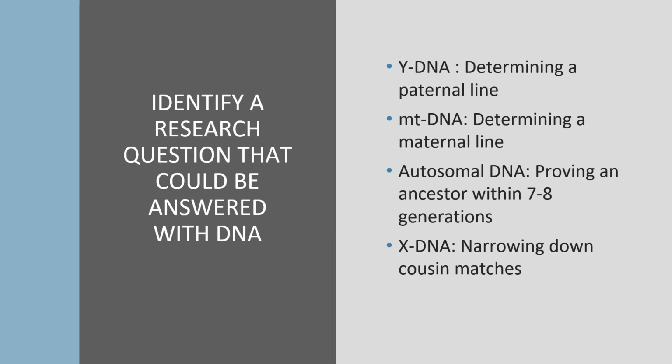I used YDNA in the early years, about 2007, to confirm my paper trail from my Royson ancestor back to the original ancestor, Thomas Royson in Virginia, of about 1650. You might have something similar, and that's a wonderful research project.